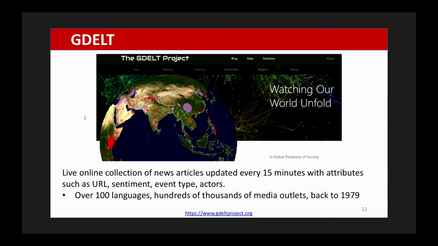GDELT, I mentioned earlier, is a really cool real-world data set that is live streaming every 15 minutes, containing breaking news articles from hundreds of thousands of media outlets, containing over 100 languages and going all the way back to 1979.